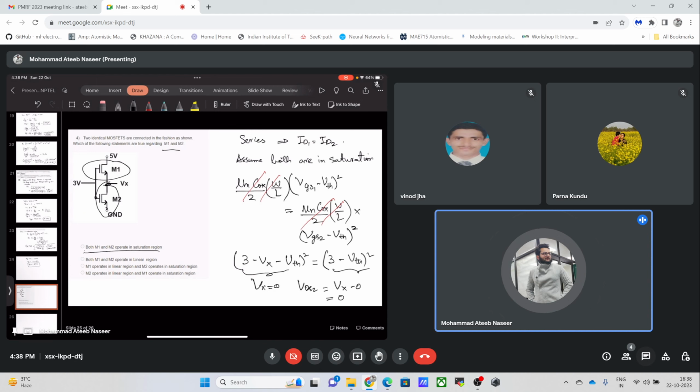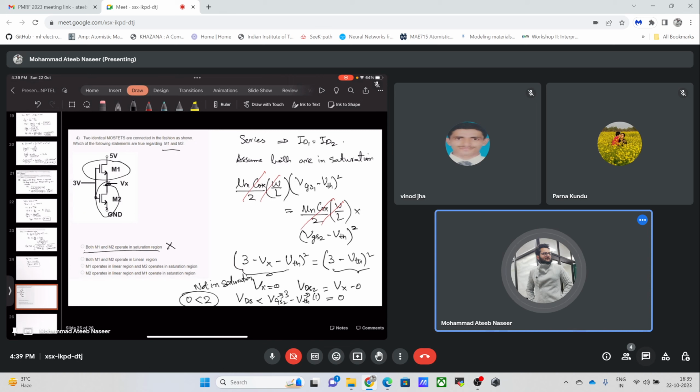It would mean that VDS is less than VGS2 minus VTH, 3 minus VTH, let us say VTH is 1 volt. So it would mean that 0 is less than 2, which would mean that the MOSFET is not in saturation. So this statement is wrong.